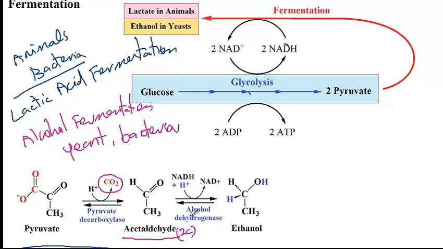And then finally, alcohol dehydrogenase will help produce an NAD plus from NADH, and the final product is ethanol, which is also a 2-carbon molecule.